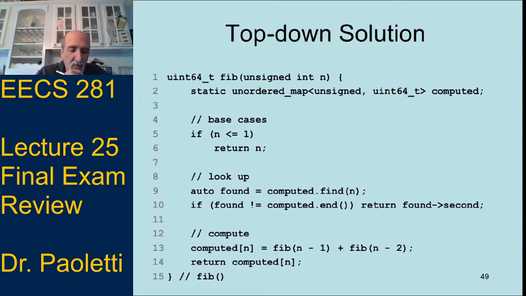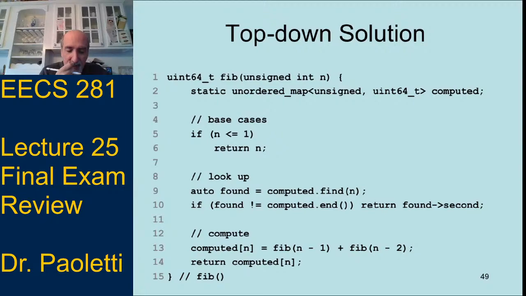So here's one version of Fibonacci using a static unordered map. So we use one unordered map, and then we don't have to figure out, like we did in the slides, where we had a solution with a memo, what's the biggest integer we can put in there. Here we just said, use an unsigned key and a uint64_t value.